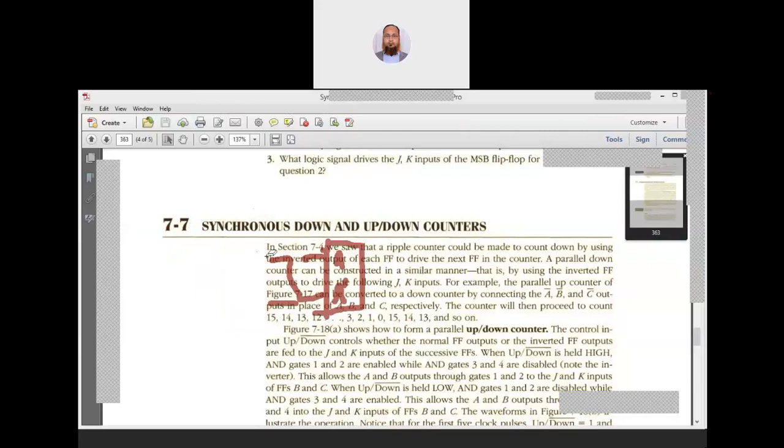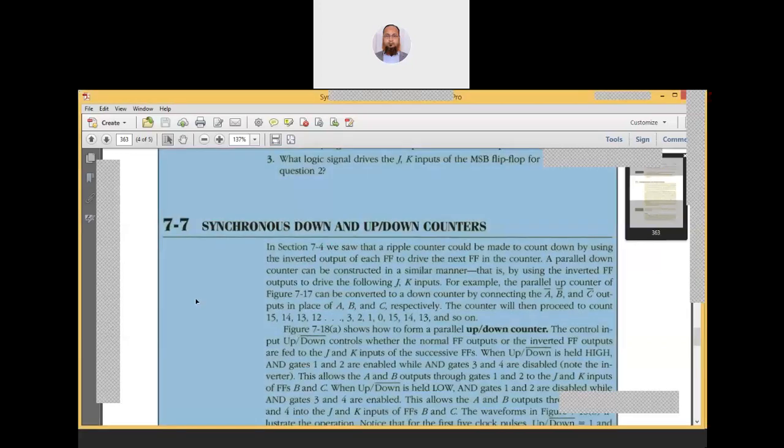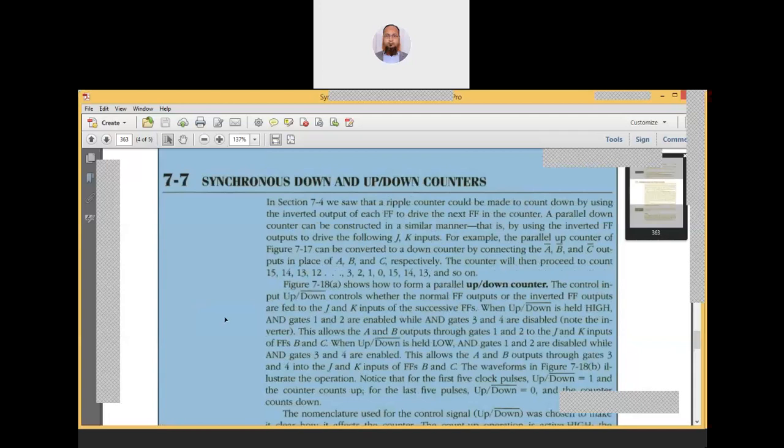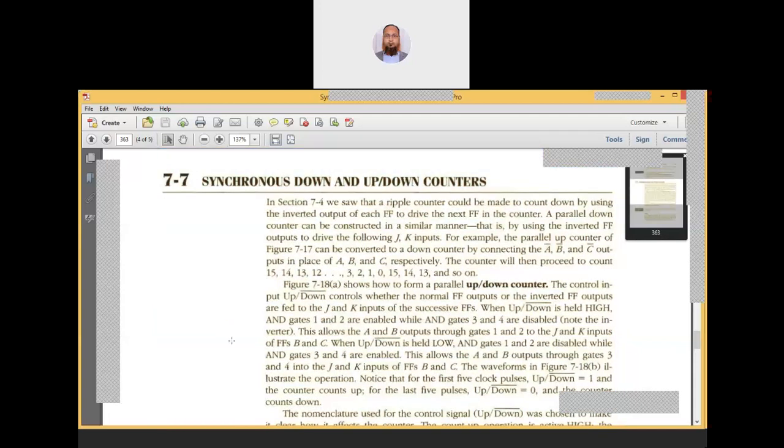We will see a general circuit which we can use as both a down counter and an up-down counter. We can make a circuit which, for some count, counts up, and after that count, counts down.